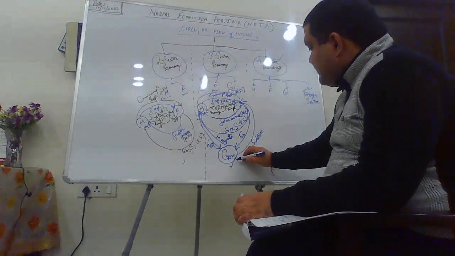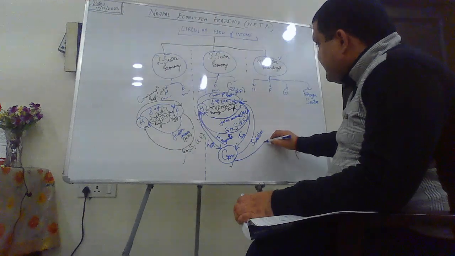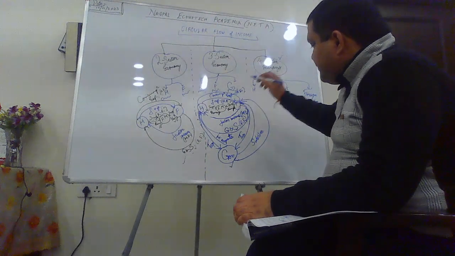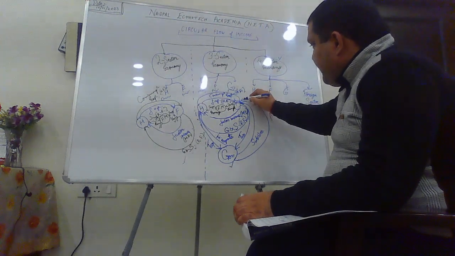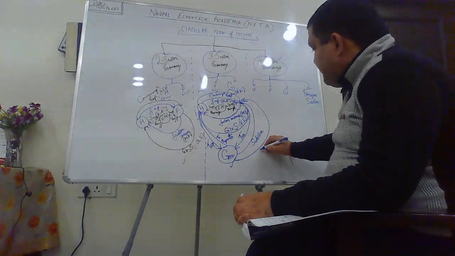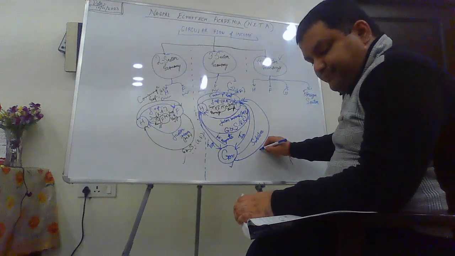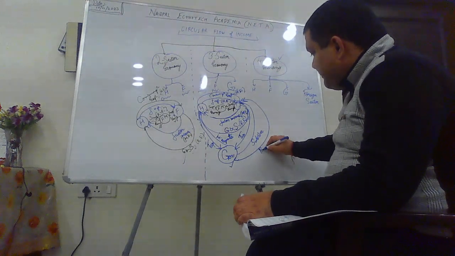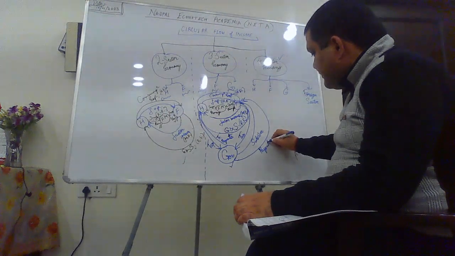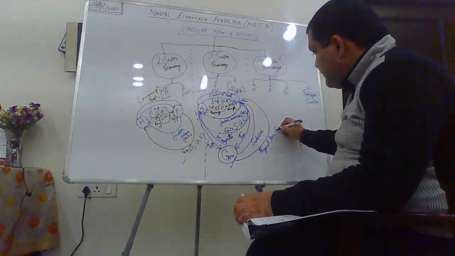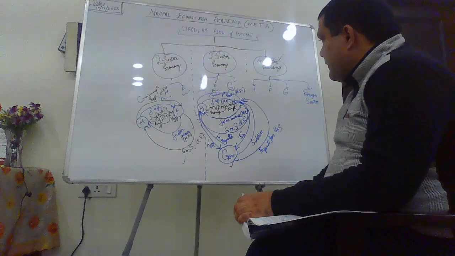Since the government also consumes the goods and services from the firms, it has to make the payments to the firm sector. That is the payment for goods and services, right?